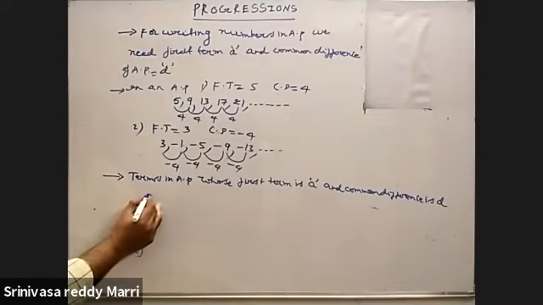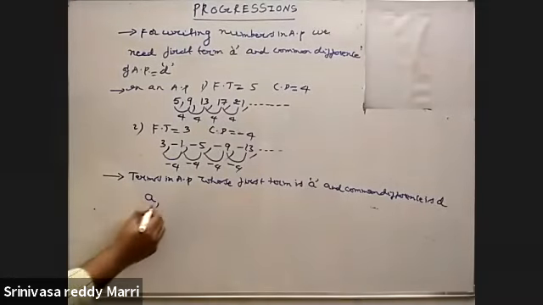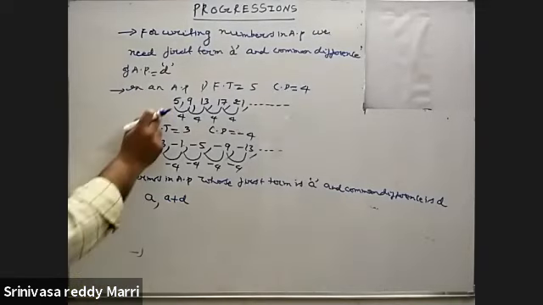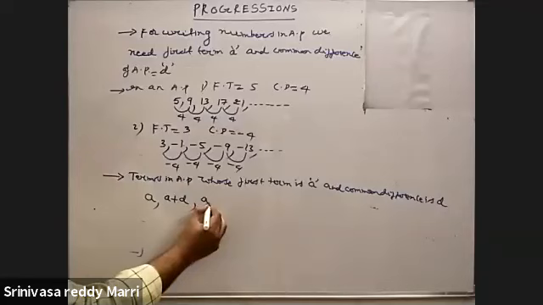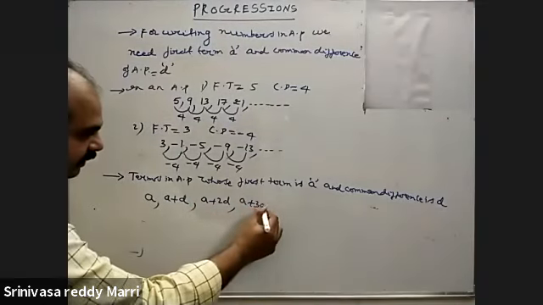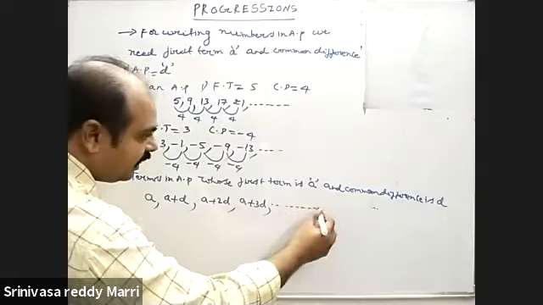First term is A. Second term is A plus D. Add D to it, just like this. Next term is A plus 2D. Next term is A plus 3D and so on.